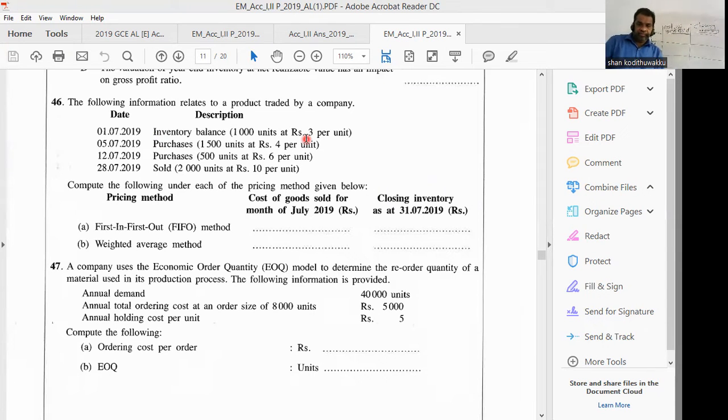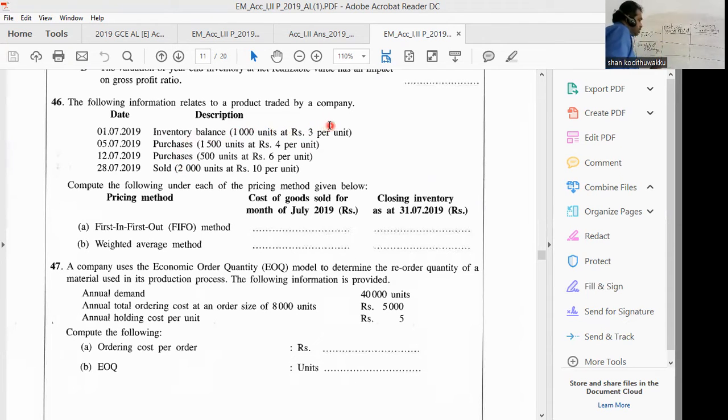If you take the FIFO method, you have to issue what you had bought earlier, from the older stock. Then you take the first 1,000 from the opening inventory, opening balance 1,000 units at 3.